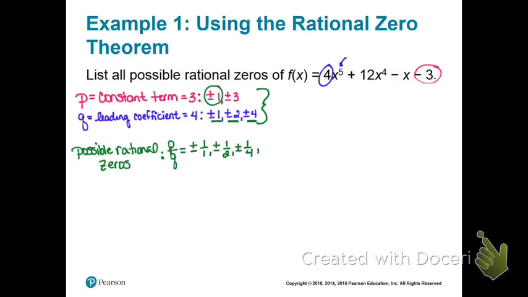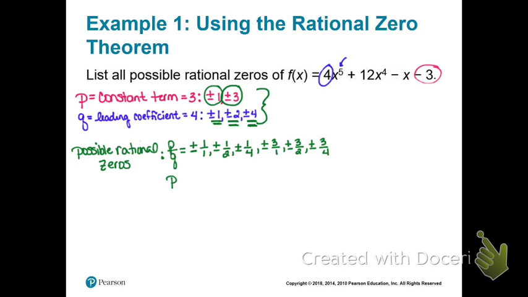Comma, now I'm going to take my second P, and I'm going to put it over my first Q. So I have 3 over, don't forget your plus or minus, 3 over what? Then I have plus or minus 3 over my second Q, and then my plus or minus, and 3 over my third Q. If I had more Q's, I would keep putting 3 over all of them. If I had more P's, I would go on to the next P and put it over all the Q's, all right?